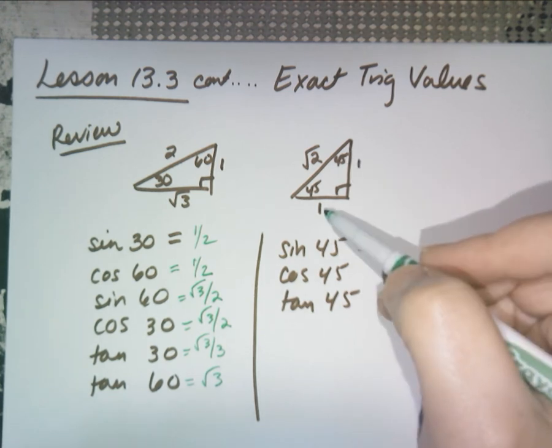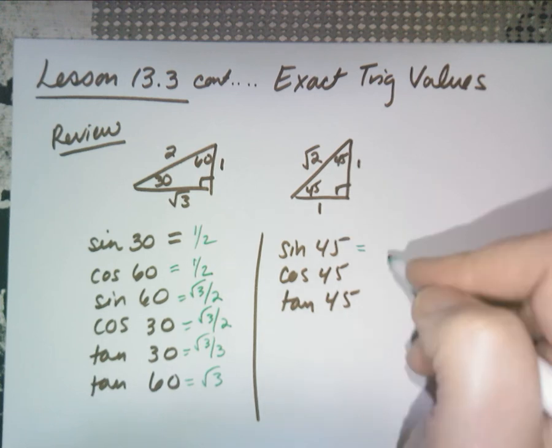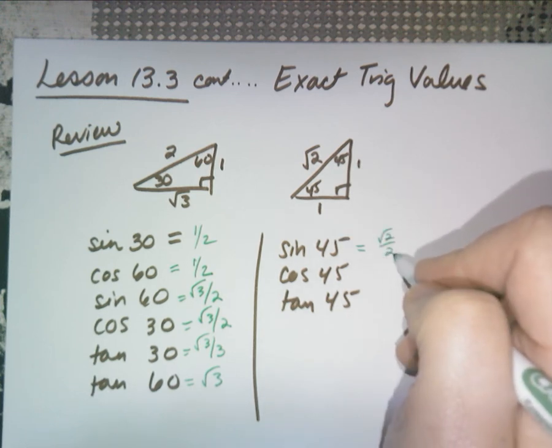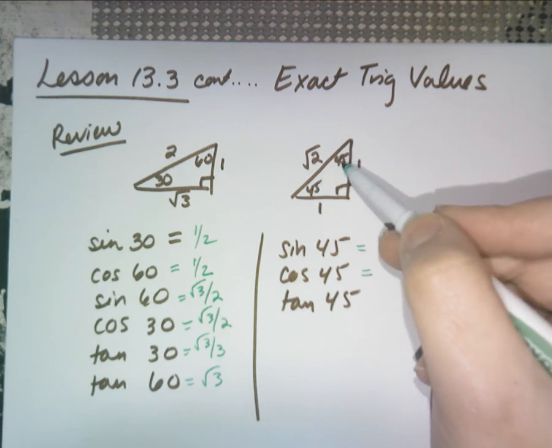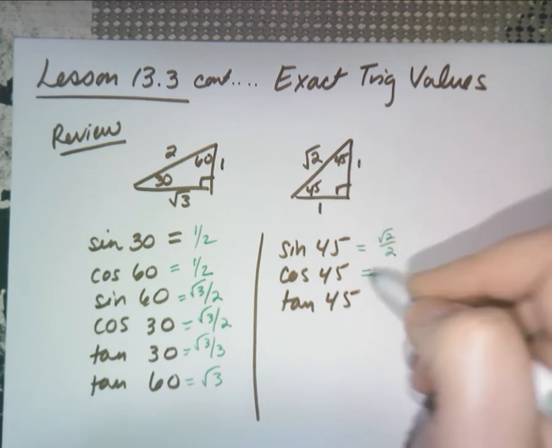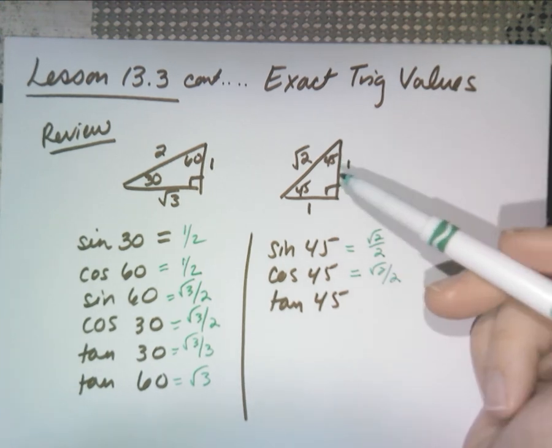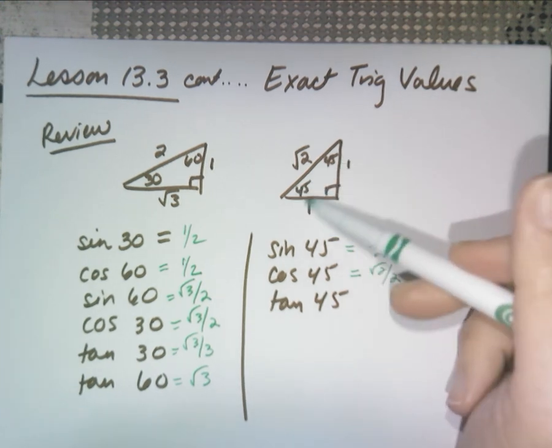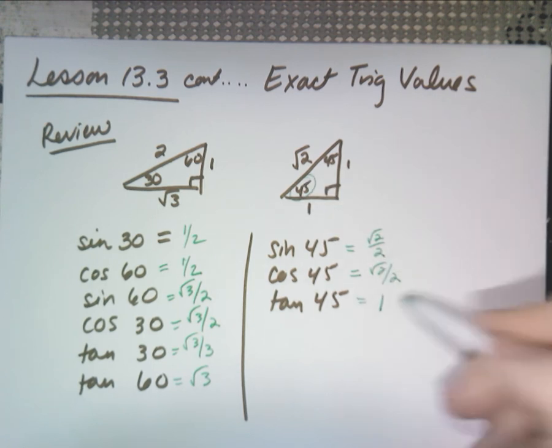What's the opposite over the hypotenuse? It'd be 1/√2, or another way to write that rationalized would be root 2/2. Cosine at 45 would also be 1/√2, which is root 2/2. The tan, however, the opposite over the adjacent, doesn't matter which 45 you're standing at. The opposite over the adjacent is 1.